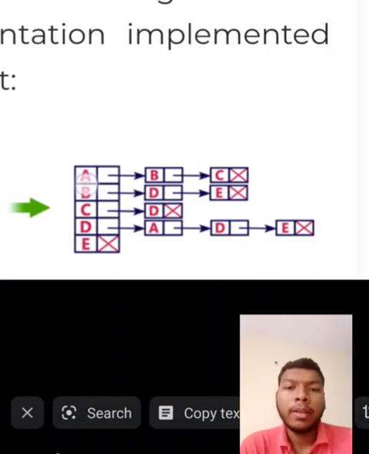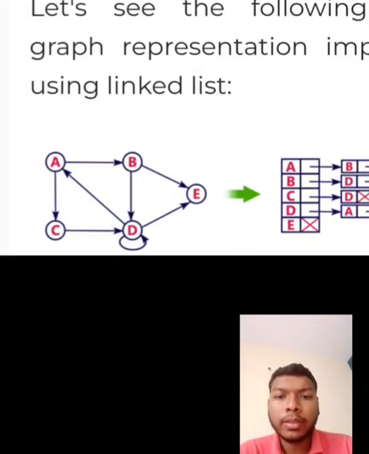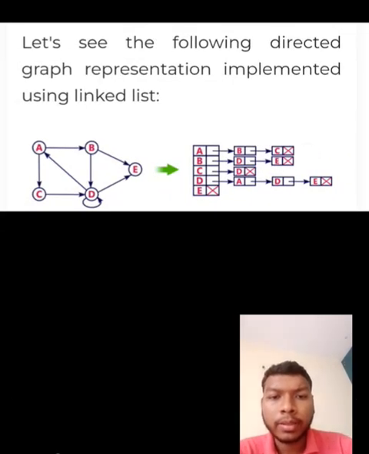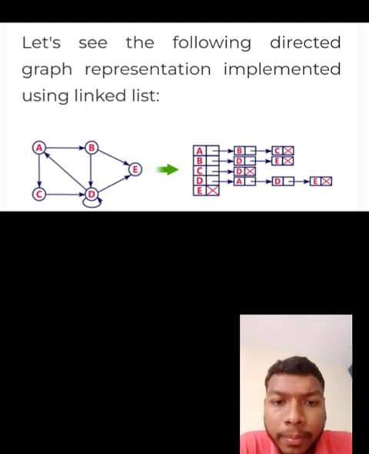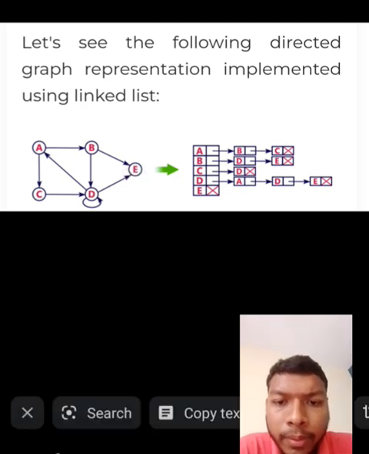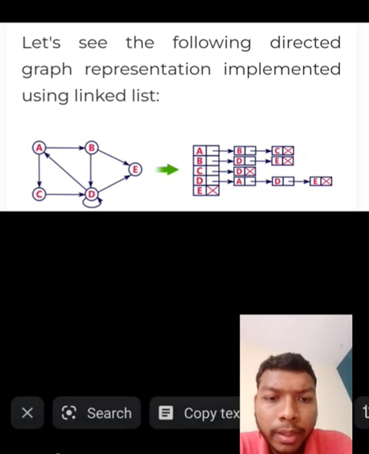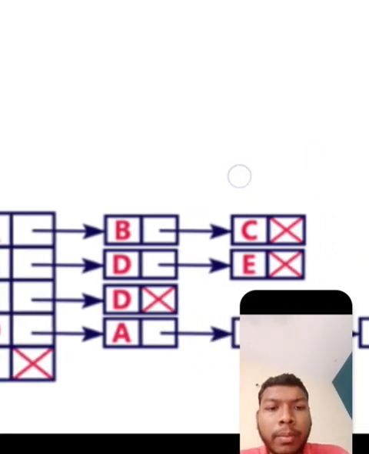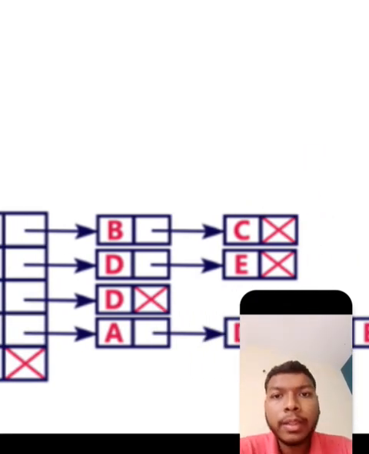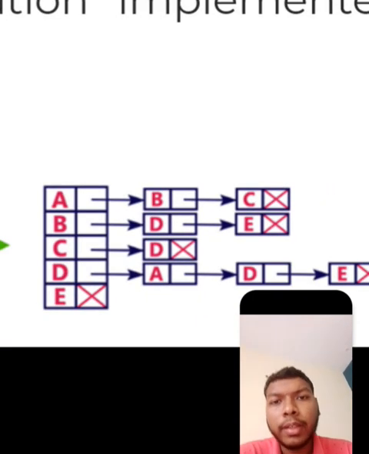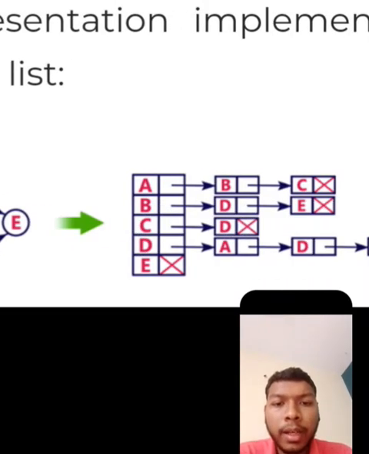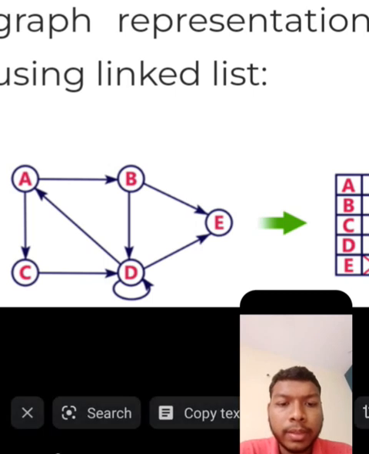First you take the linked list from A: A is going to B and A is going to C. Then B is going to E and B is going to D, so D and E. At the end you place a mark to represent the end of that list. It continues until it goes to the last vertex, that is E.